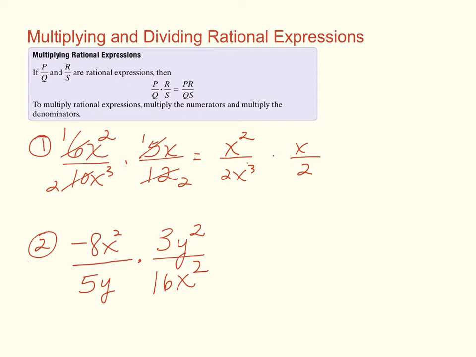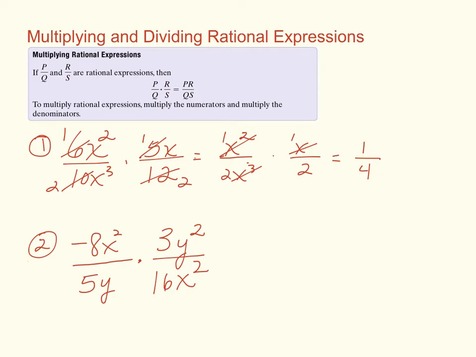All right, now that can be simplified some more, because honestly, the x squared times the x in the numerator really becomes an x to the third, and that x to the third cancels with the x to the third down here in the bottom. Okay, so when we cancel that, those become 1s in the numerators now. That becomes a 1. And what we're left with is 1 over 4.